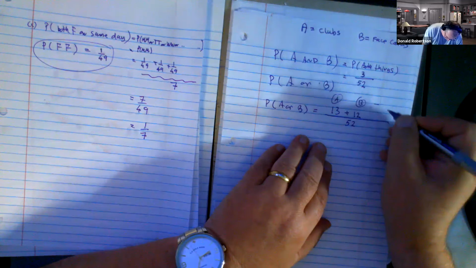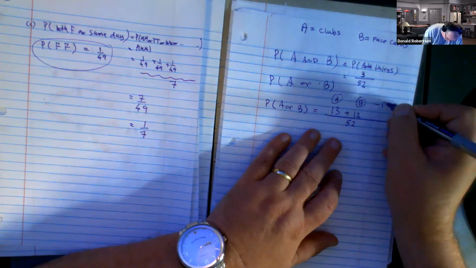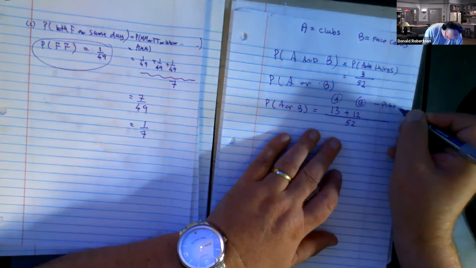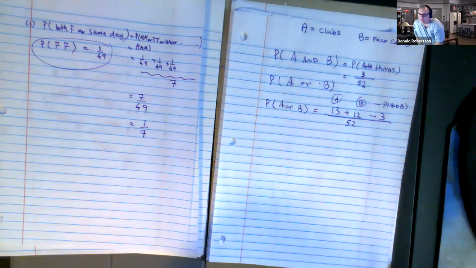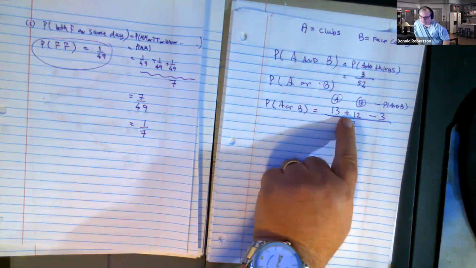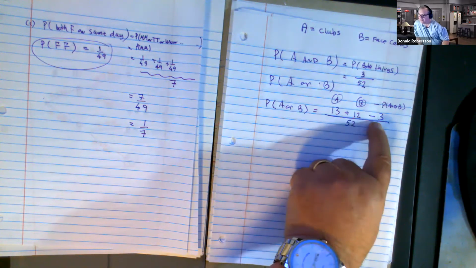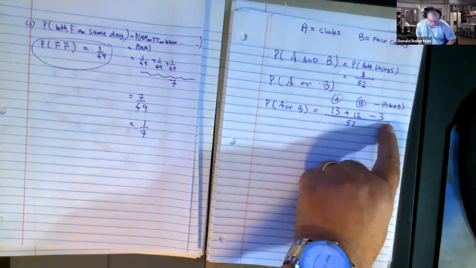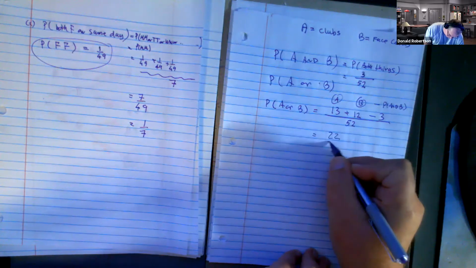Take away what I'm going to call essentially A and B. Take away the double dipping. So there are 13 clubs, there are 12 face cards, but aren't some of those clubs face cards? And there are 3 of those. So if you subtract that, that takes it away. So what you end up with in this case is 22 out of 52.